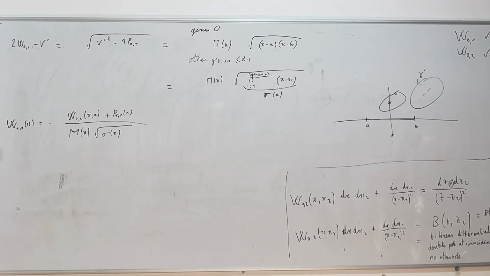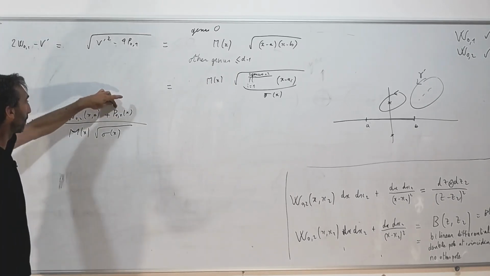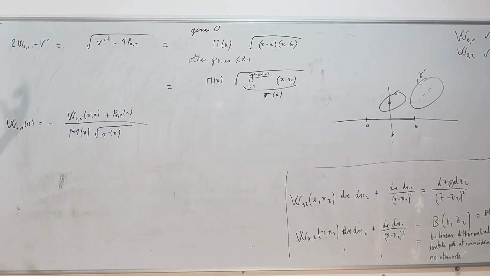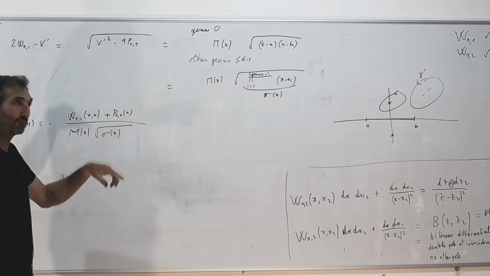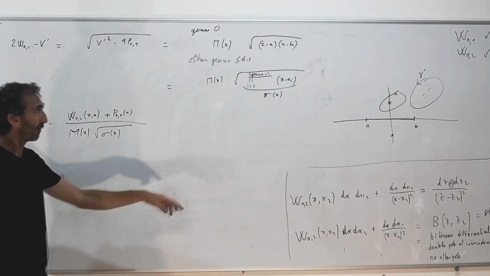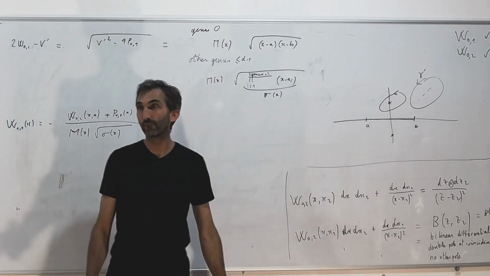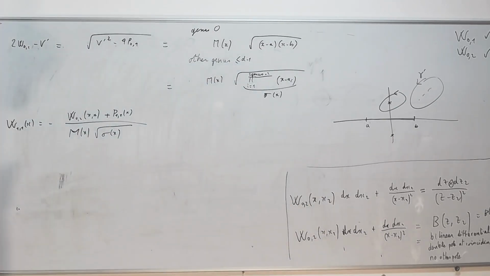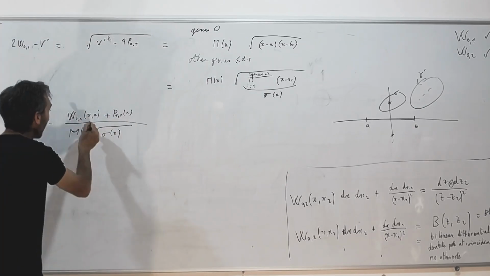And again, the number of unknown coefficients in P11 matches exactly the number of contour integrals that you can fix. Okay, this is kind of technical. I don't want to enter the details, but basically the idea is that P11 is again totally fixed by this kind of filling fraction conditions. And in the genus 0 case, this is the unique choice that will kill exactly all the zeros of M.